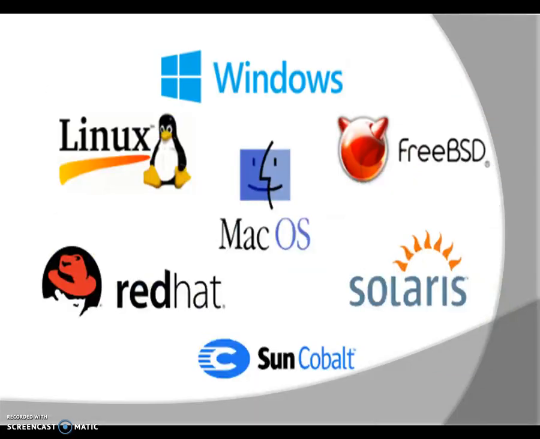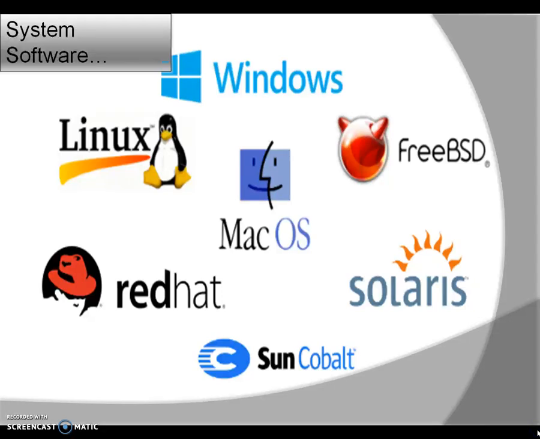So the next type of the software is the system software. As I said, the importance of the system software is that it provides the interface between the application software and the hardware. And we can see Windows, Linux, Mac OS on the screen. These are all operating systems.